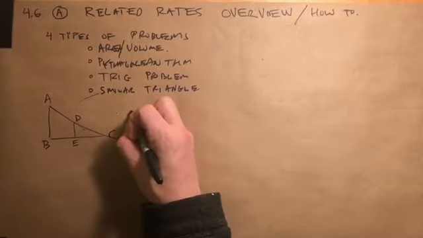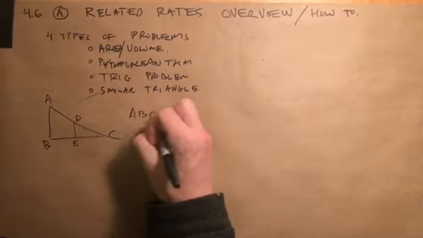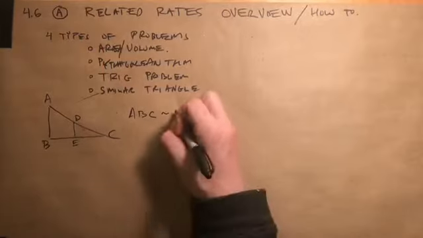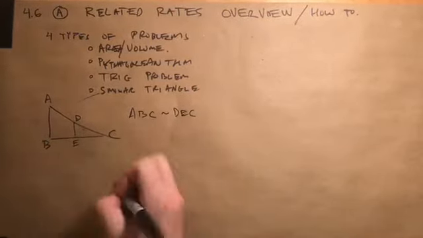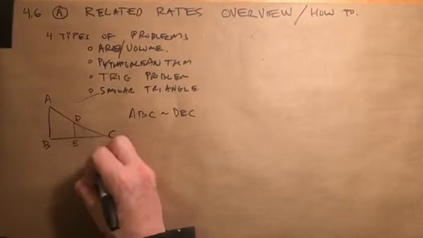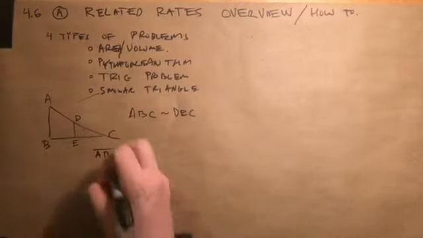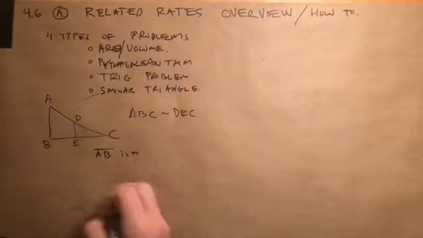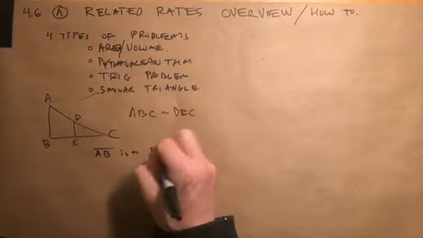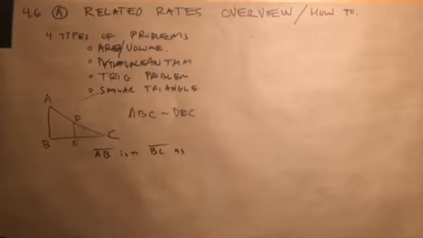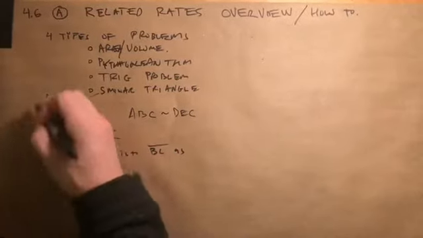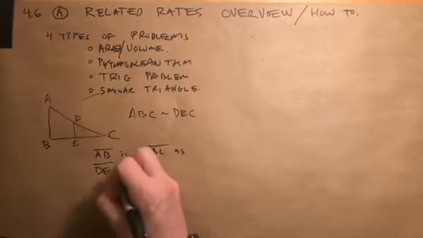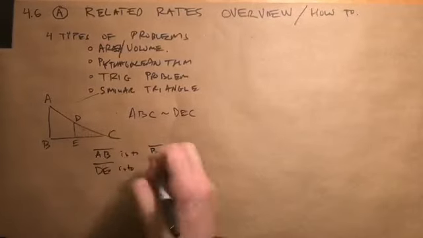So I have triangle ABC is similar to triangle DEC. And what I could say is that the length AB is to the length BC as the length DE, so the vertical length is to the length EC.